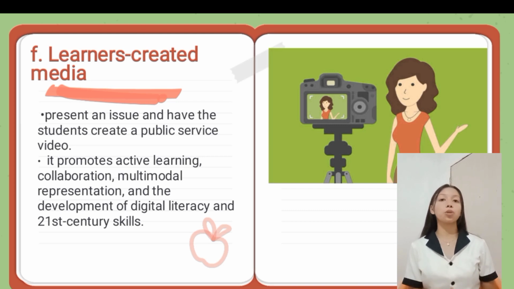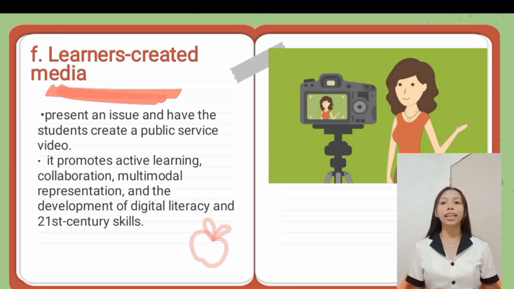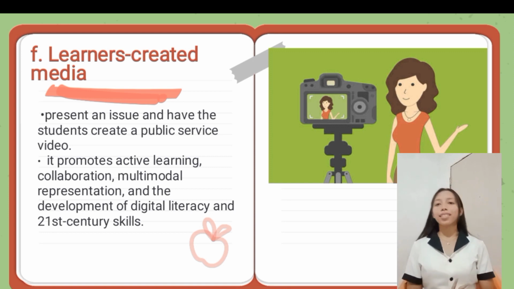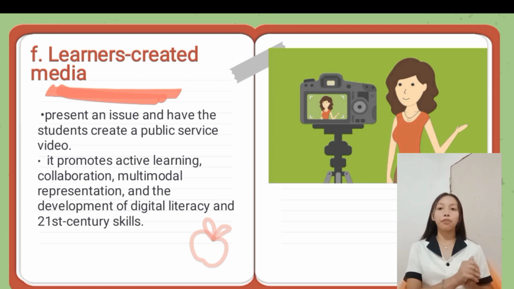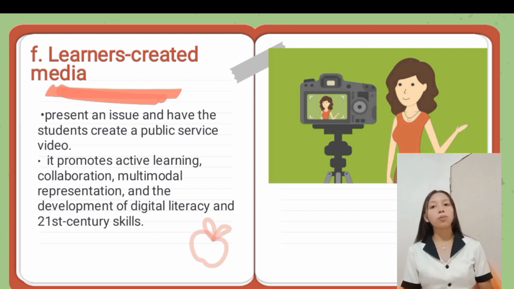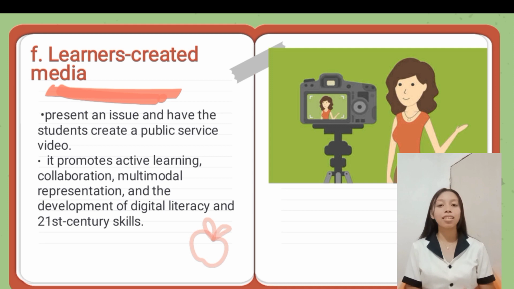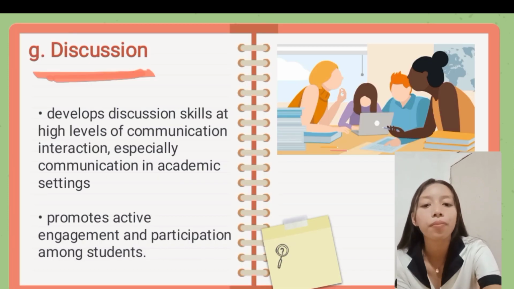The learner is presented with an issue and has the students create a public service video. This strategy involves the use of social media apps, of course, like Facebook, YouTube, in which you present your thoughts on the given issue.